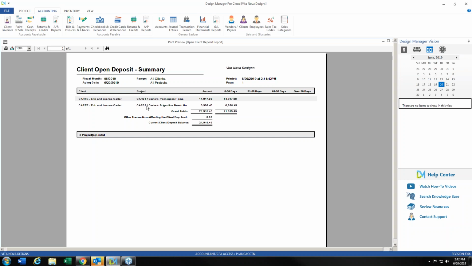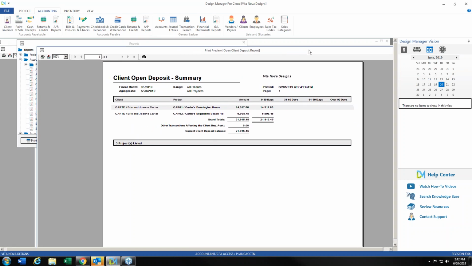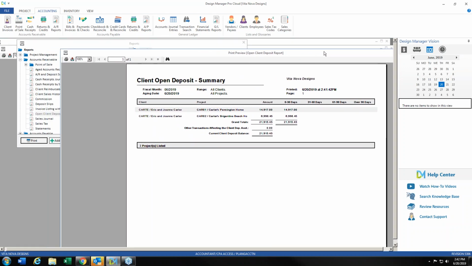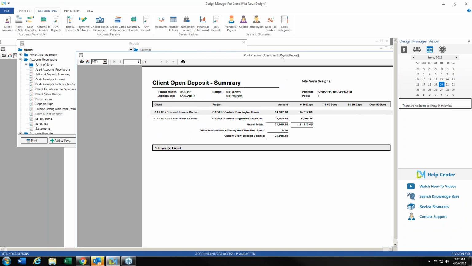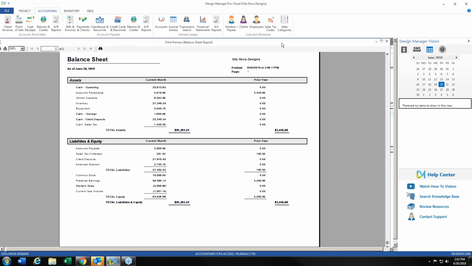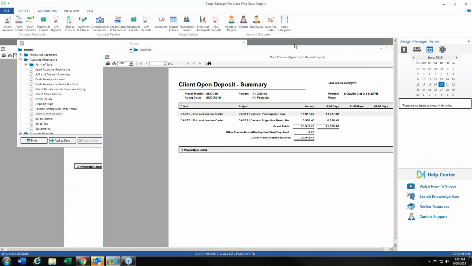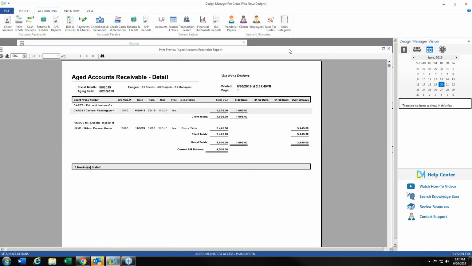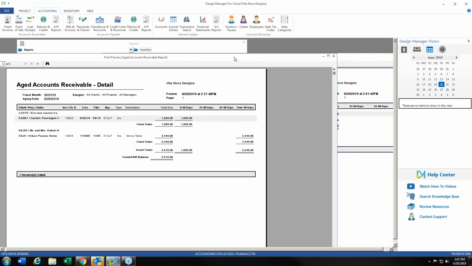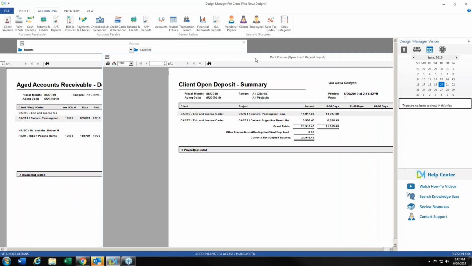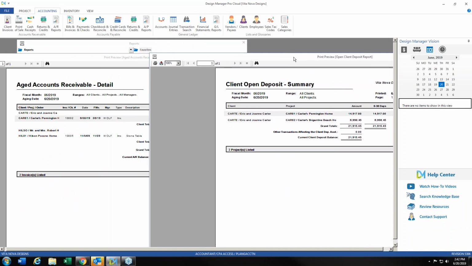Okay, so these are just two examples. You can see you've got a couple of proposals here that were set up for this project, and either they haven't been invoiced yet, or maybe the invoice was set up, but it wasn't directly connected. Let's see if I can do this. I'm going to get out of this one. Okay, good.